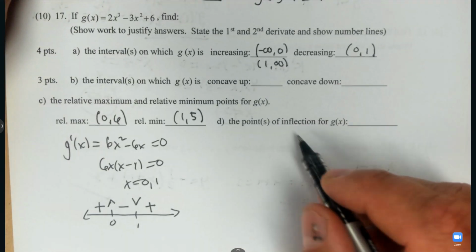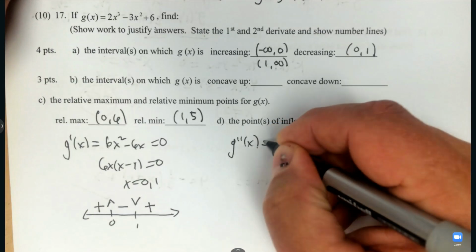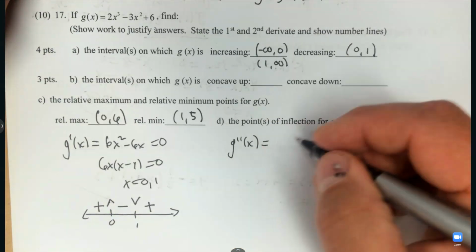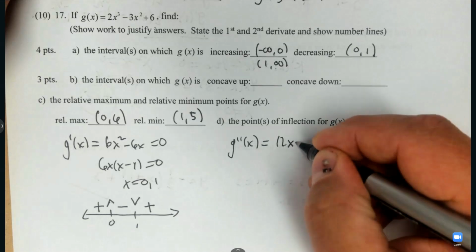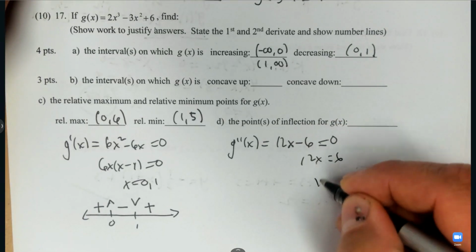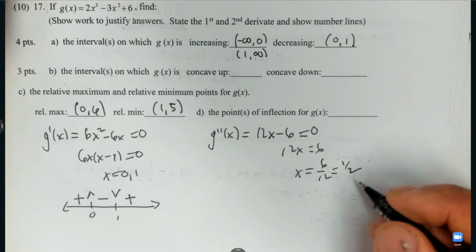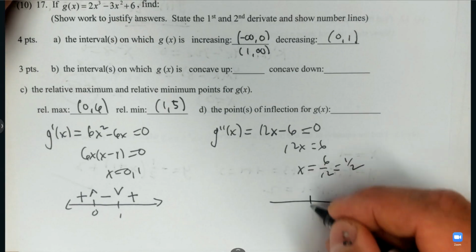Point of inflection, concavity, that's the second derivative. So take the derivative of the first derivative, 12x minus 6, and make it equal to 0 and solve it. So I'm going to add 6 and divide by 12. That's 1/2. Again, I'm going to draw a number line for 1/2.